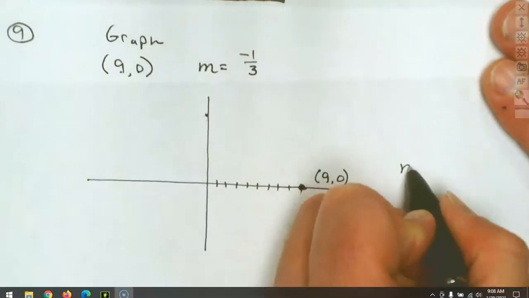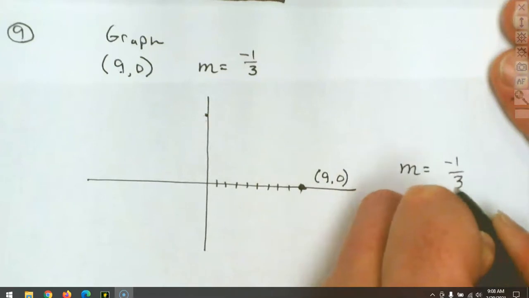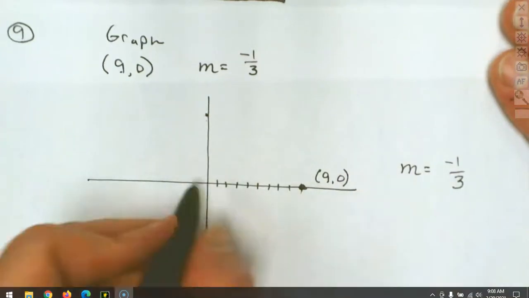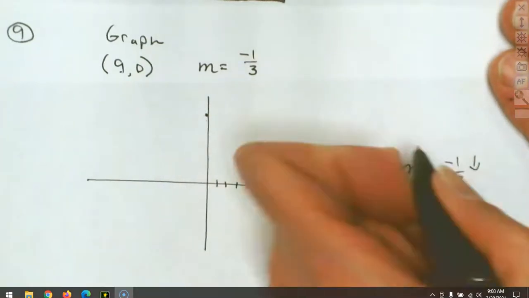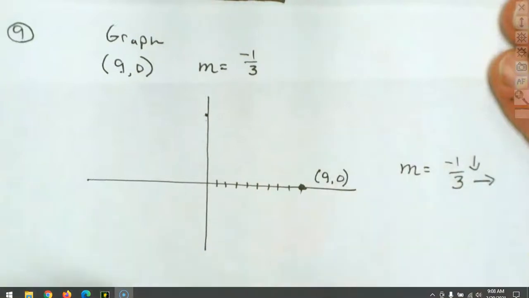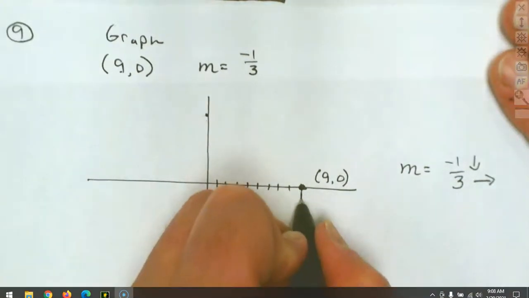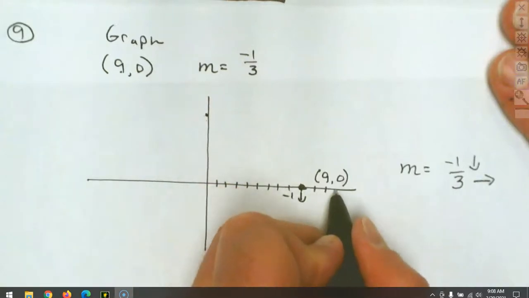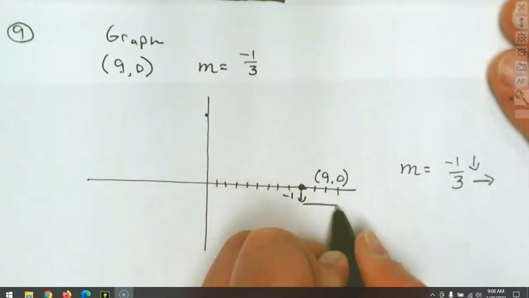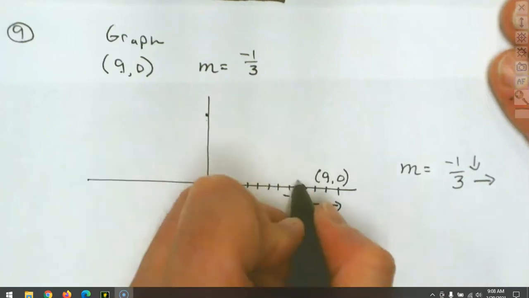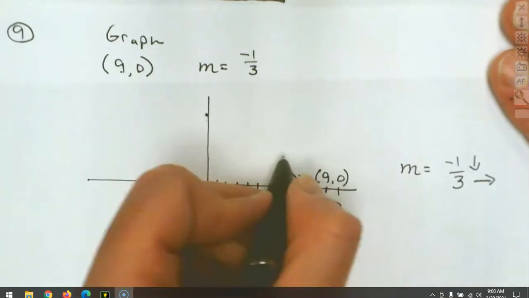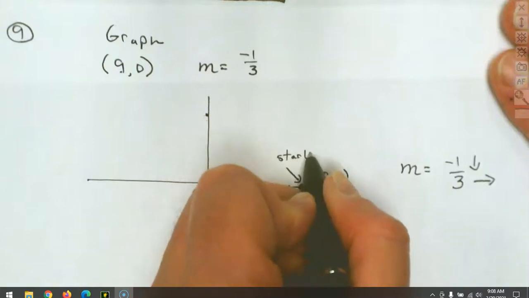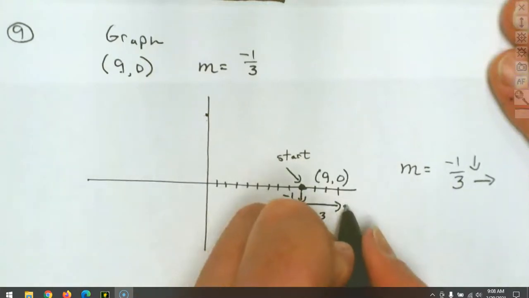Now, what is my slope? -1/3. So what are we going to do? Down 1, and you always move to the right. So you're going to go down 1, and then over 1, 2, 3 units. And this, by the way, is where we started at. So that's where we're starting.